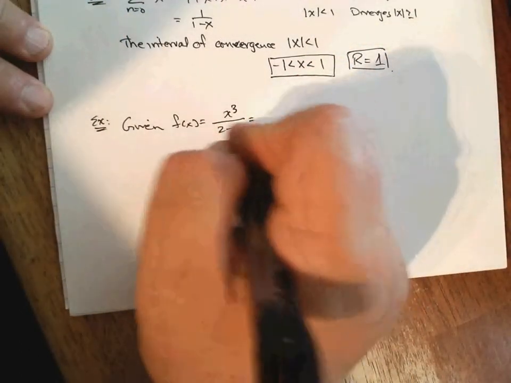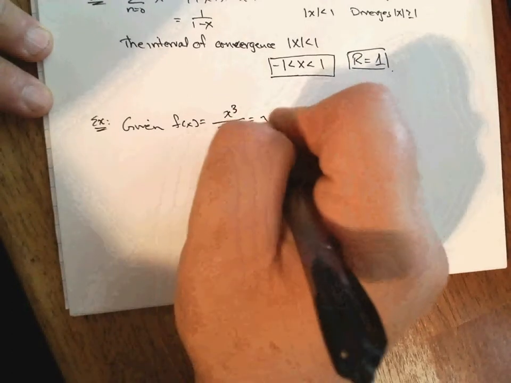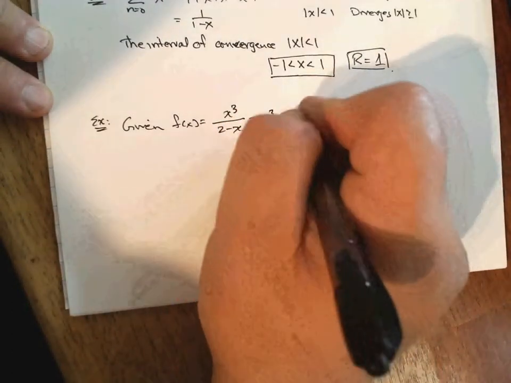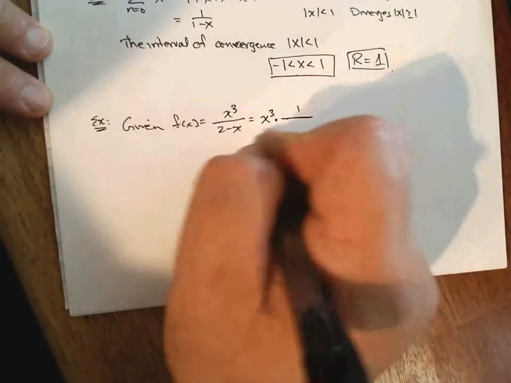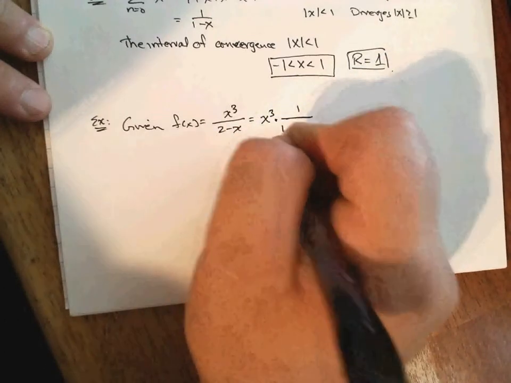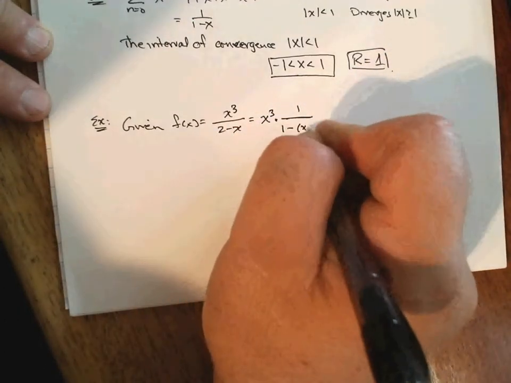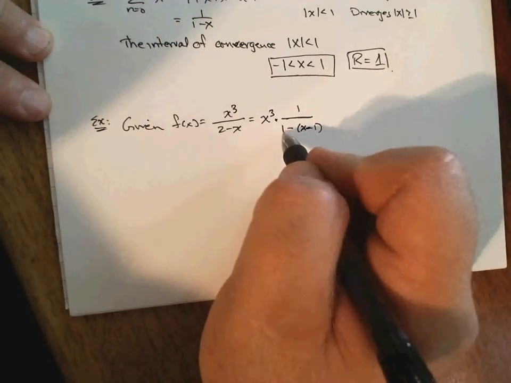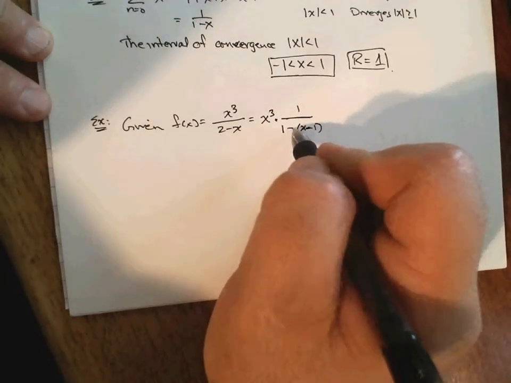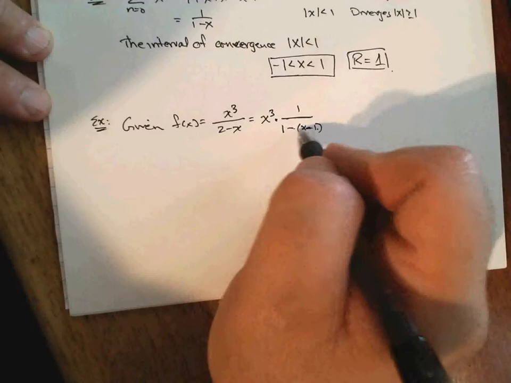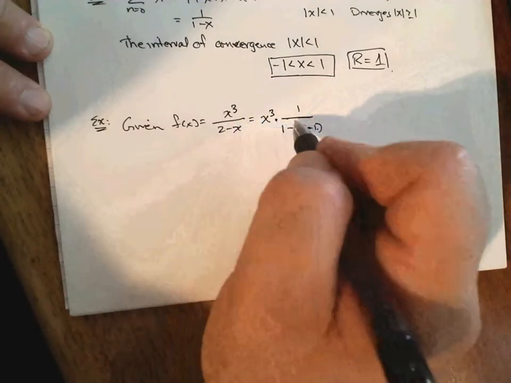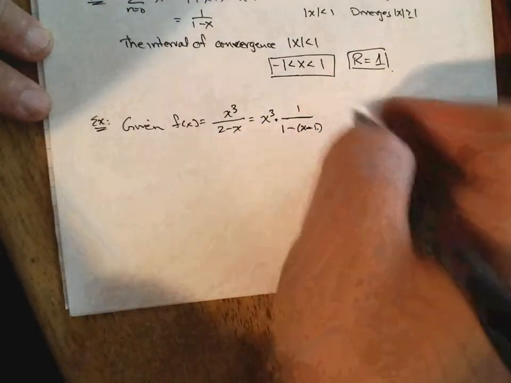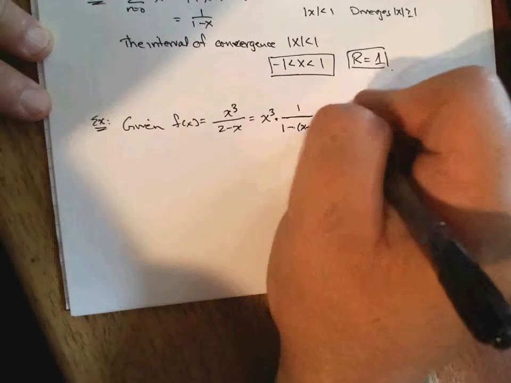Well, sure. What we do is we rewrite this. We say, okay, that's an x cubed, pull the x cubed out, times 1 over, and now here I'm going to write this as 1 minus x minus 1. And so you'll notice, of course, that the 1 minus of a minus 1 becomes 2. That's a 2 minus x, same as the denominator here, and the x cubed times 1 is an x cubed.